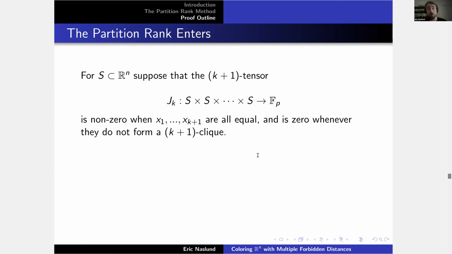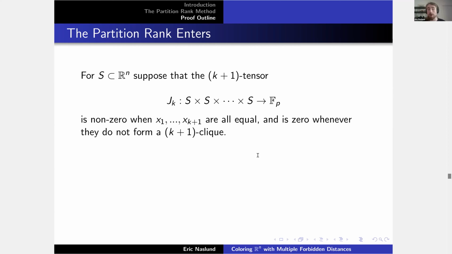But for our set S, what we'll look at is a tensor on S to the k+1. We're going to suppose that we can construct this tensor so that it's non-zero when all of the x1 up to xk+1 are equal, and 0 whenever they do not form a k+1 clique.